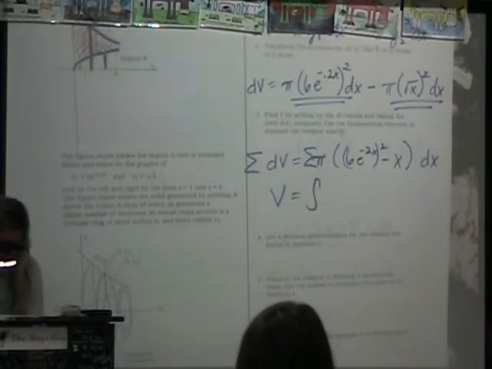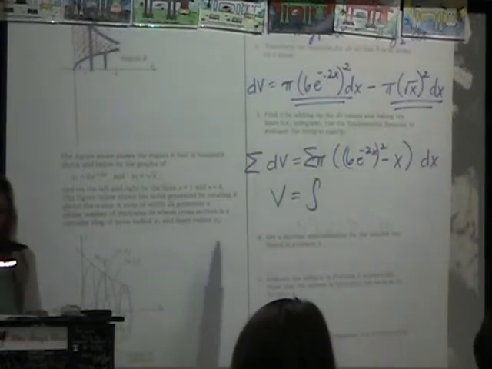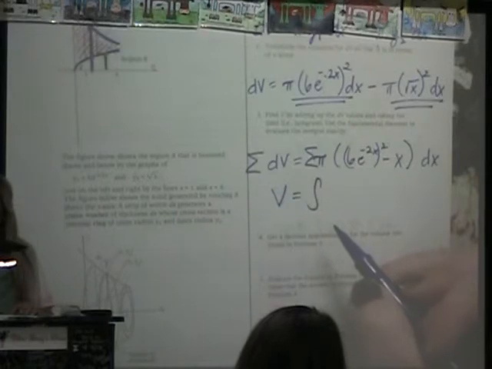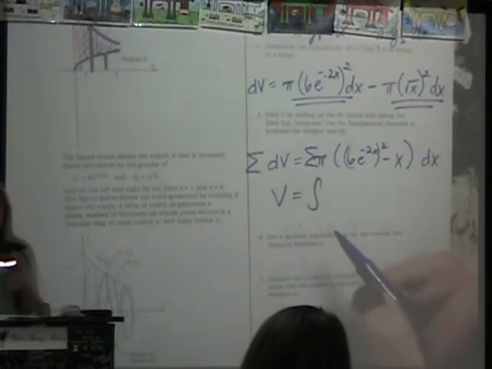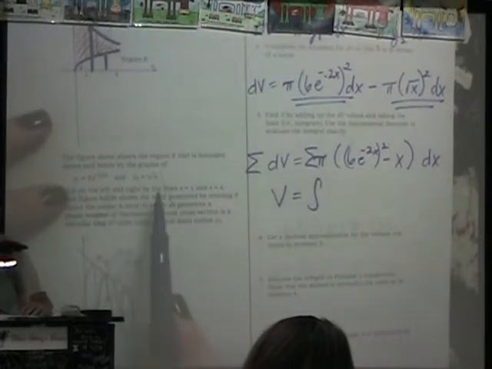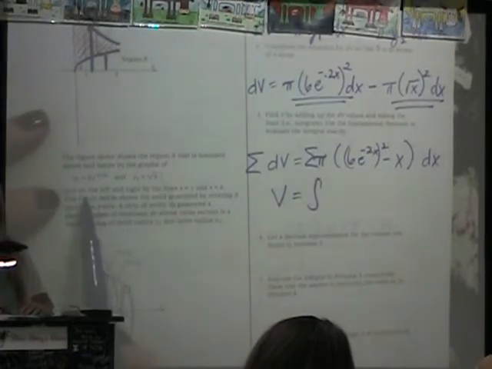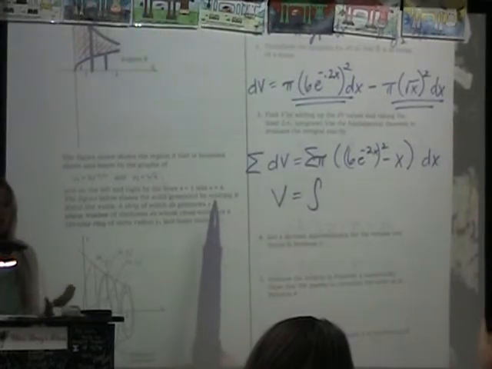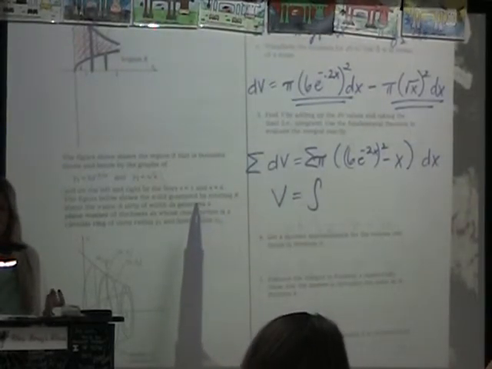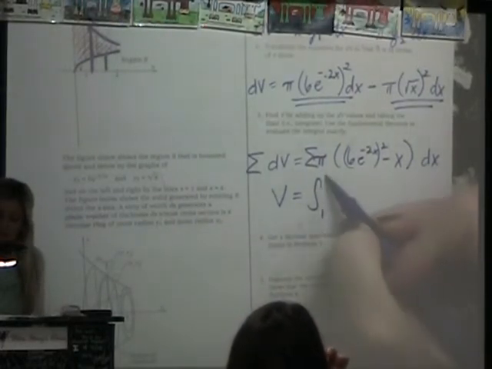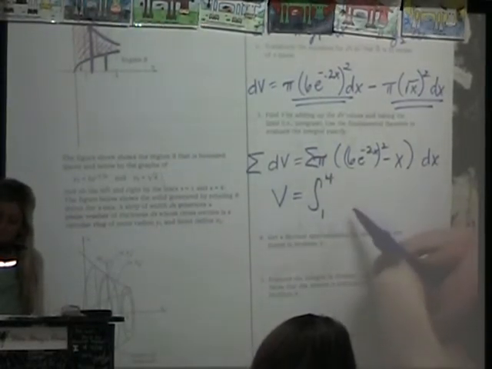Does it say 1 to 4? Oh yeah, it is bound by x equal 1 to x equal 4, you're right. It looks like 0 on this one because of the hole, but if you go back and read the definition of the function, it says it's bound on the left and the right by x equals 1 and x equals 4. The important part also is knowing that you're using x values this time because we're integrating dx. So it is 1 to 4.